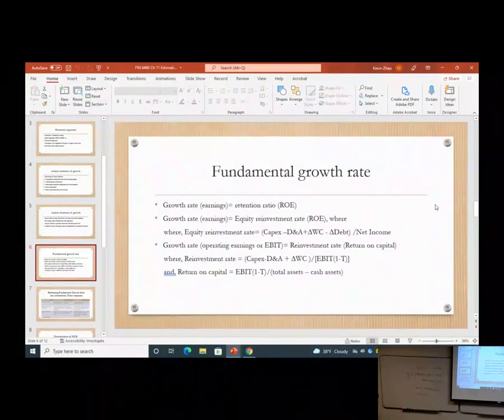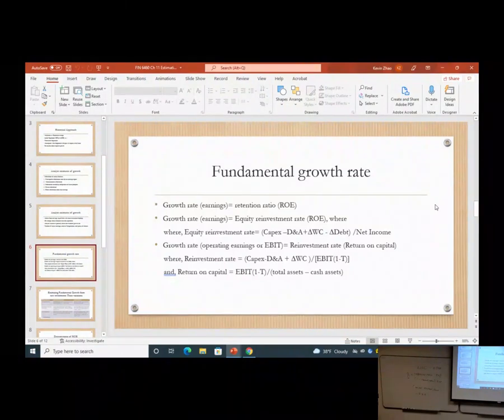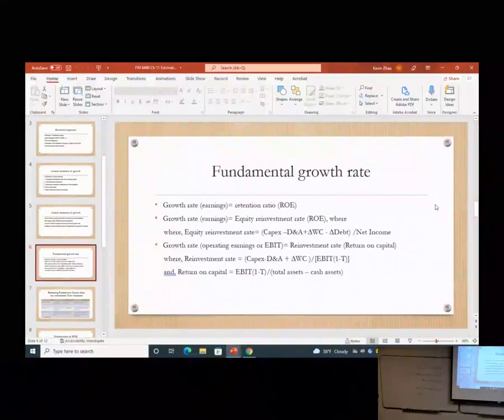And this is the equity version. Sometimes, if you know those two items, you can figure out this ROE. There are a couple of tricky questions, not a lot, just one or two, in your exams, where you actually need to use this equation to figure out one of those variables.